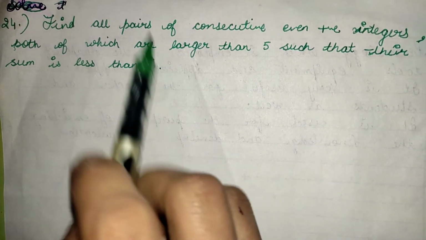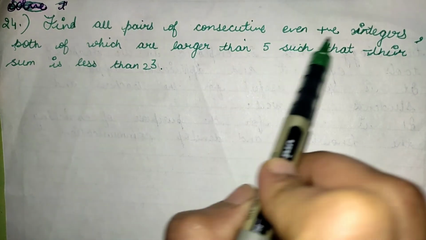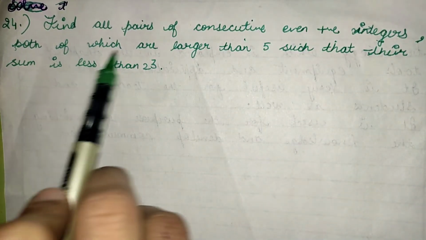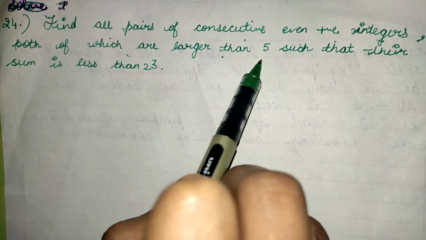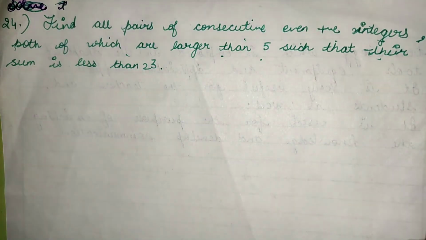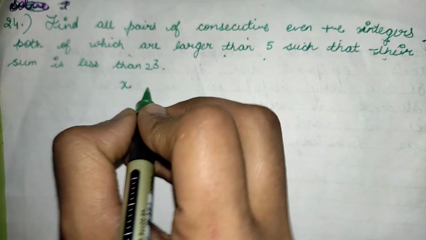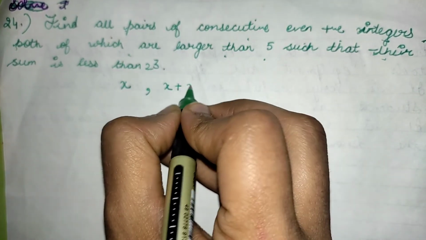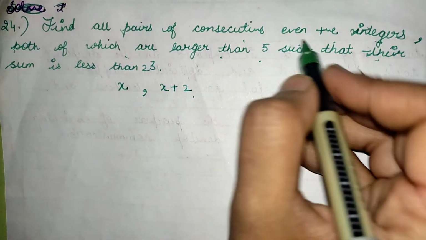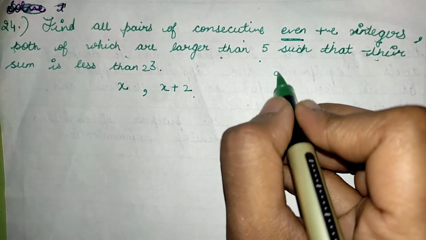Moving to question number 24. Question number 24 says: find all pairs of consecutive even positive numbers, both of which are larger than 5, such that their sum is less than 23. It is again the same question: let my first number be x, then my second number will be x plus 2. This time they are talking about even numbers.